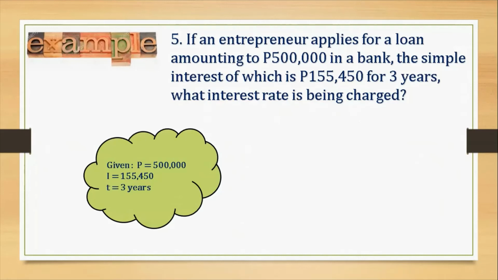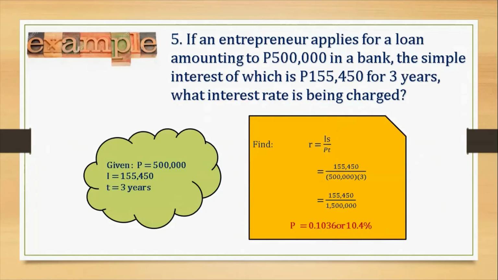We are looking for the interest rate being charged. So that's the rate. Therefore, R is equal to I over PT. Okay, and now let's substitute the given. For I, you have it there 155,450 over P, which is 500,000 times T, which is 3 years.